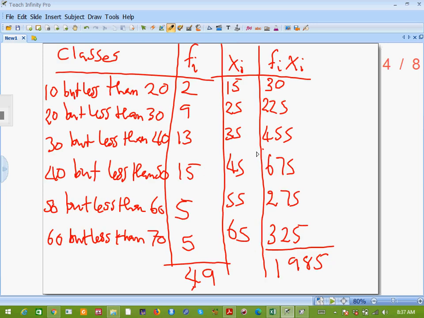Okay, so this is our data set. Remember, it starts from 10 and goes up to 70. So we assume that this data has been sorted. So we want to find the class in which we can find the 25th value.